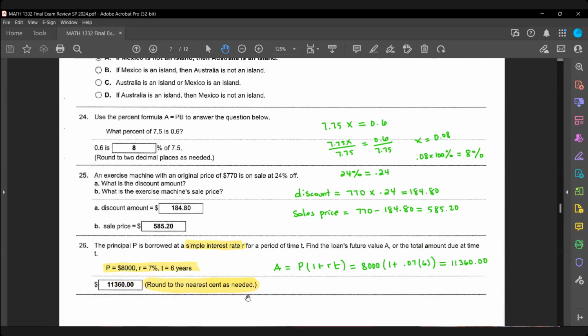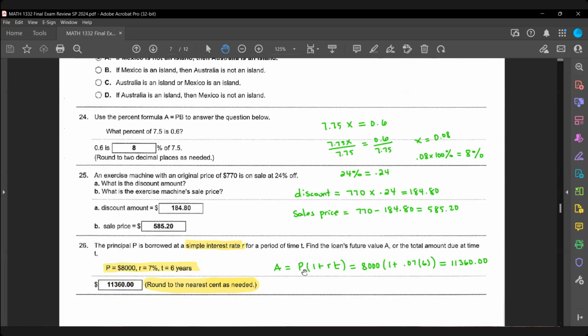Question number 26, we're talking about simple interest rate. So I highlighted that because that is important. There were formulas for simple interest and there were formulas for compounded interest. In this particular example, MyMathLab is not providing us with any formulas. So I know that I am finding the future value of simple interest given by this formula.